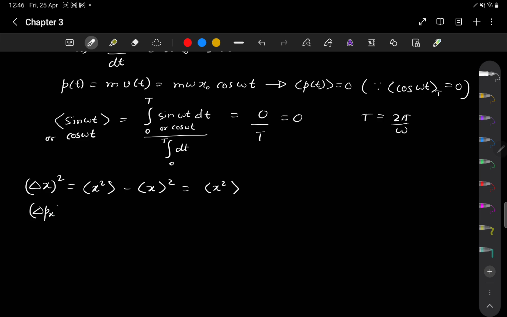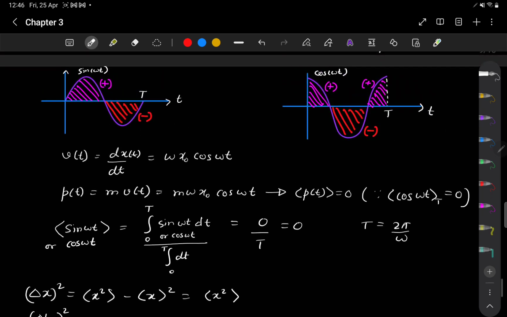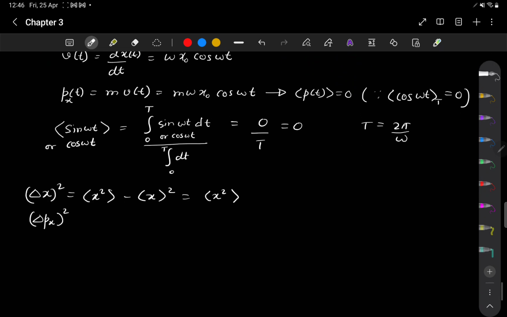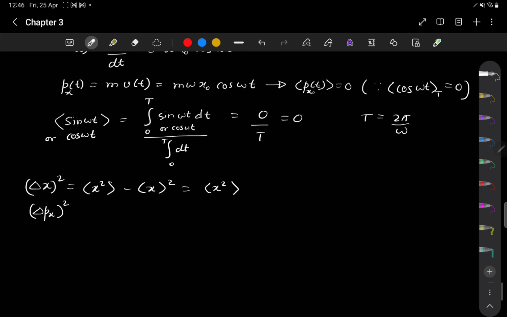Similarly, for the momentum, since the entire motion is in the x direction, this is the momentum in the x direction. Again, only the first term survives, and hence the uncertainty product is the following.